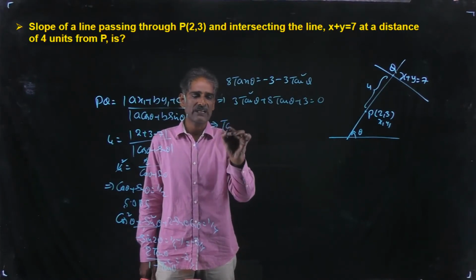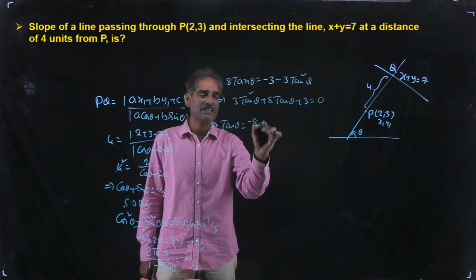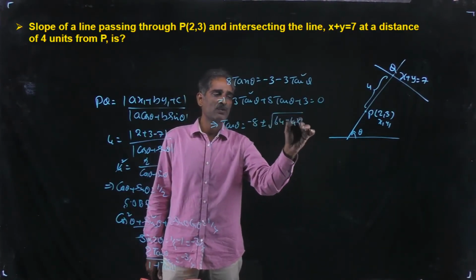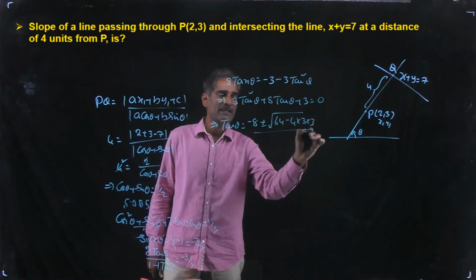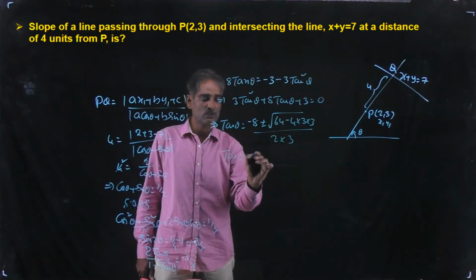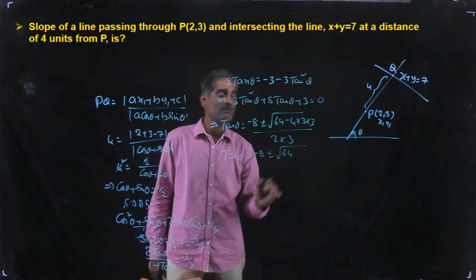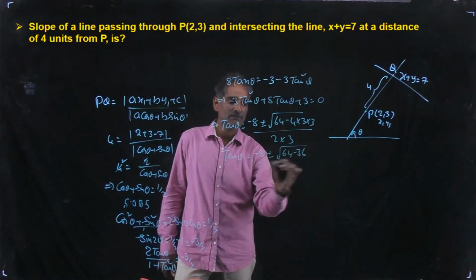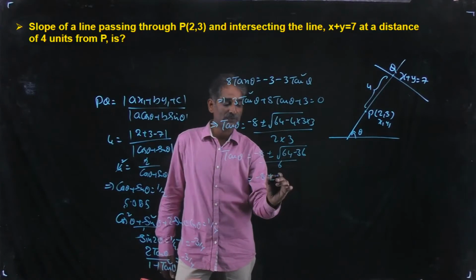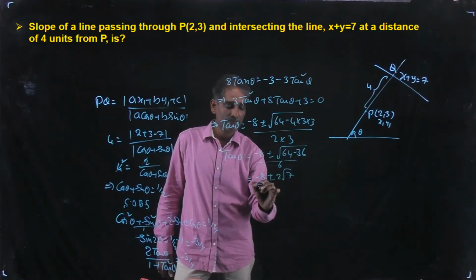Tan theta equals (minus b plus or minus square root of b square minus 4ac) by 2a, that is minus 8 plus or minus root of (64 minus 36) by 6, which is minus 8 plus or minus root 28, that means 2 root 7, by 6.